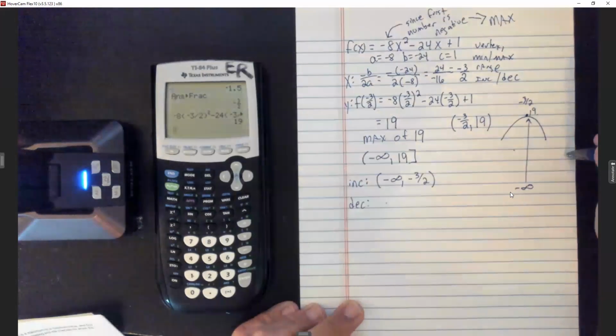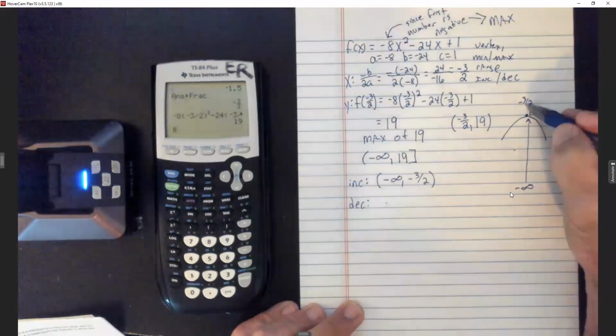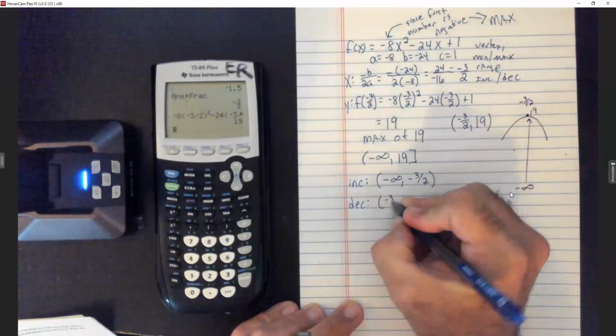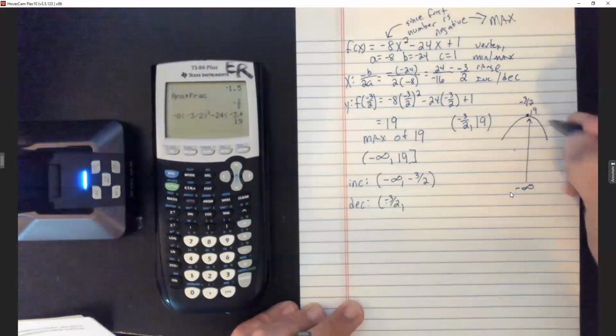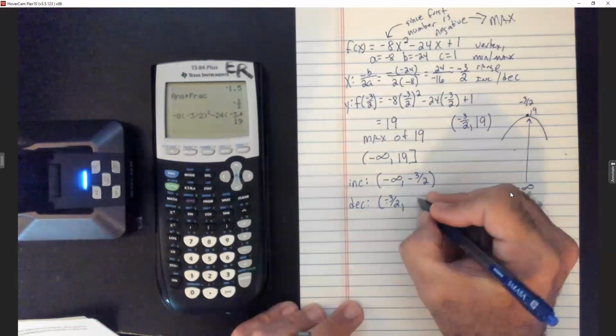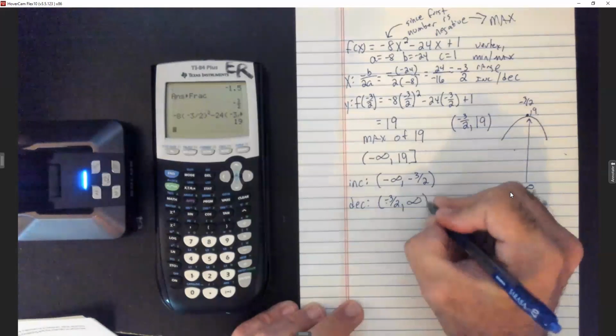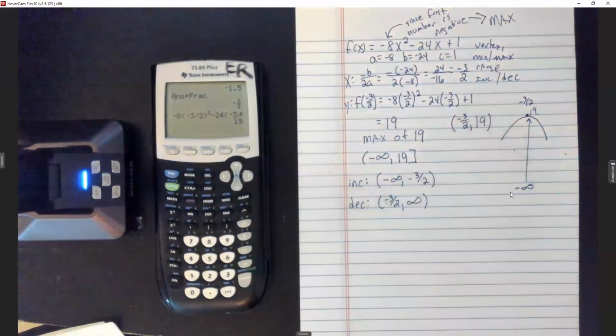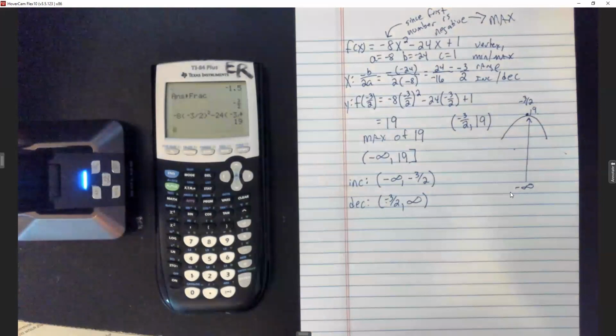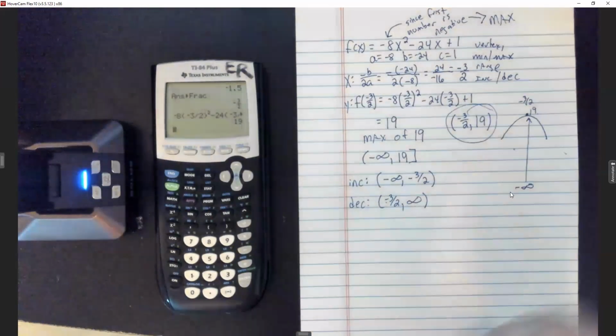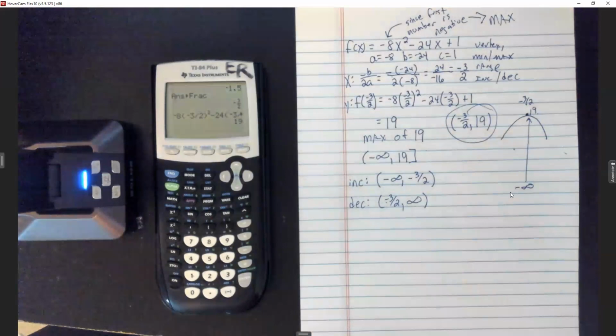It's going to start at the -3/2, and then it's decreasing as the x's head out towards positive infinity. Okay, so the main thing, once again, is getting this vertex point. Once you got that, then you can pretty much get everything else, okay? So let's go put this in.